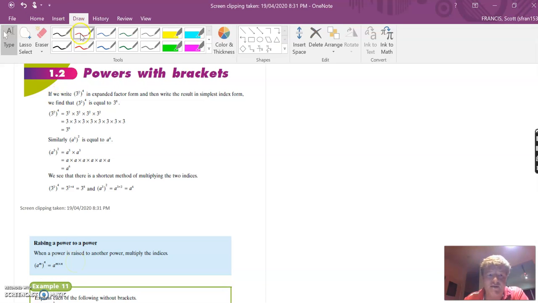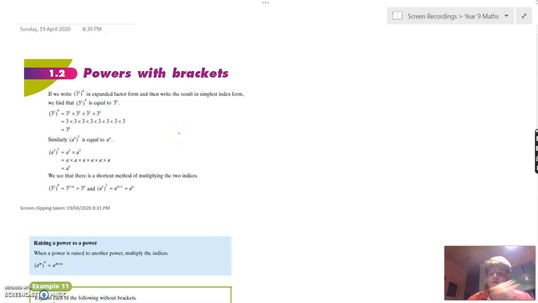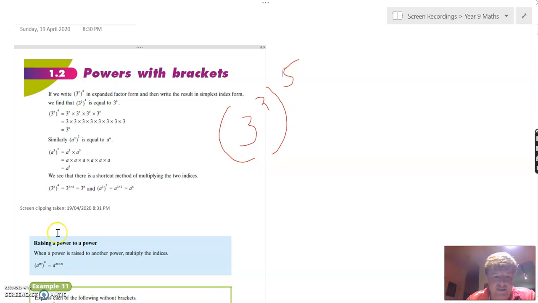So let me just try and give you an example, even before we look at anything else. Let's say we've got 3 squared raised to the 5th. Can you have a look down here and say, okay, a is the 3, m is the 2, n is the 5, a to the m times n.